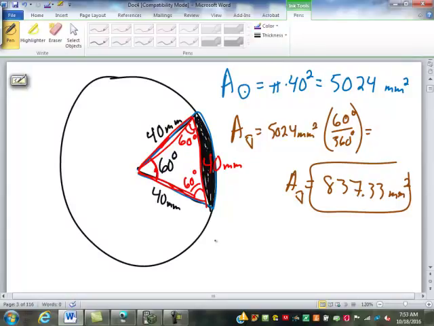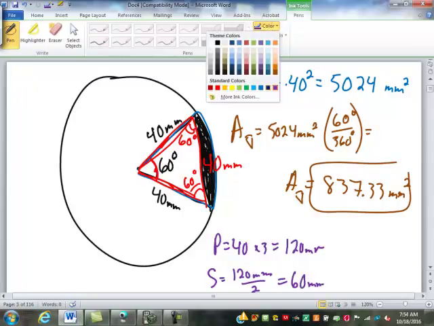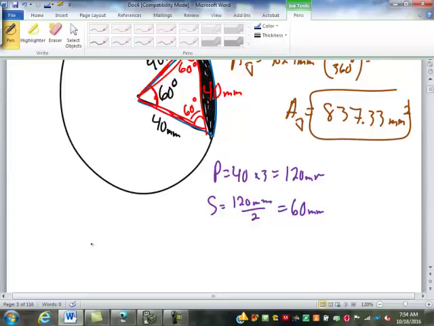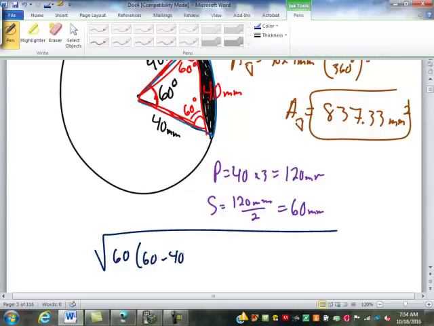Okay. So then to find that area, we're going to find its perimeter, which I'm just going to do 40 times 3 because it's 40 plus 40 plus 40. So then my semi-perimeter is the 120 millimeters divided by 2, which is 60 millimeters. So now my area is going to be the semi-perimeter of 60 times 60 minus 40, and that'd be 2 more times, but since they're all the same, I'm just going to put cubed there.